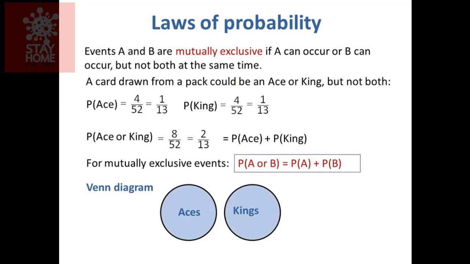They cannot replace each other, so there is no intersection between these cards. The probability of an ace is 4 over 52 and the probability of a king is 4 over 52, which is 1 over 13 each. So now you can add these to find the addition of probability.